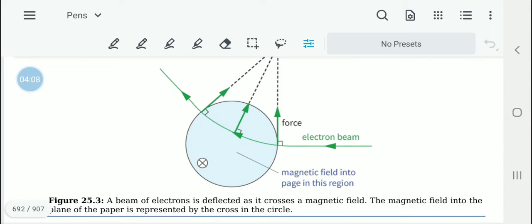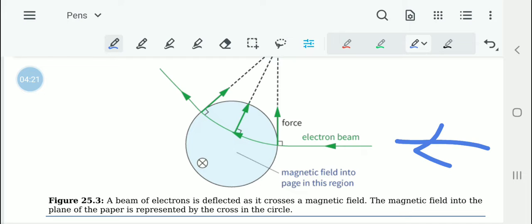Now in this particular situation, there is a beam of electrons coming from the right hand side, in this direction. Then this electron beam goes into a magnetic field that is a result of a conductor carrying current into the page.